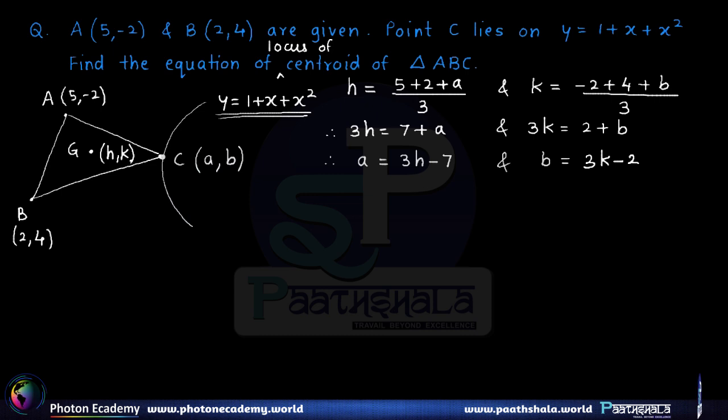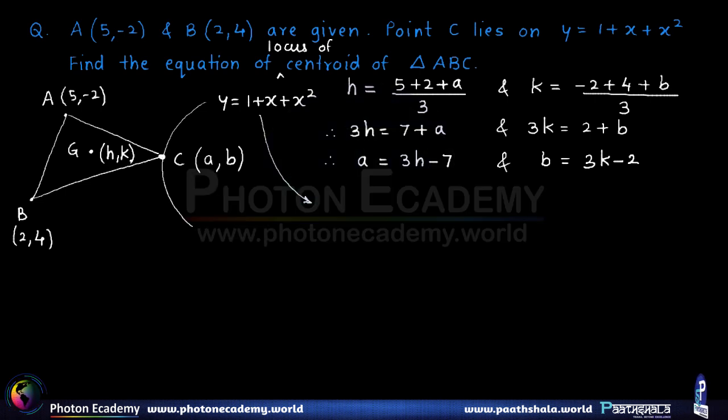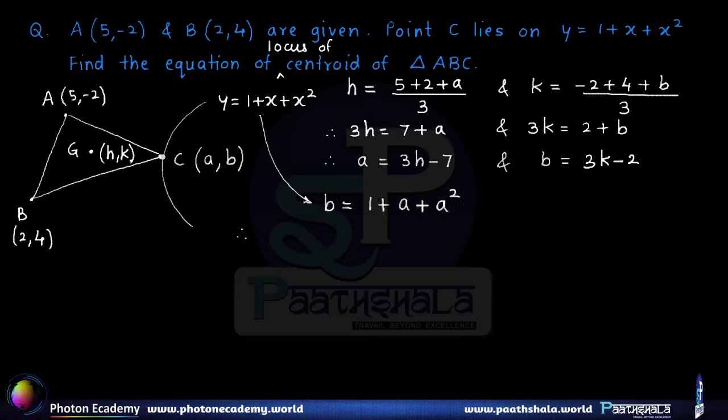So obviously, if we substitute the coordinates of C in the given equation, we can replace a and b in terms of h and k. So this equation gives us the y coordinate of C, which is b, equal to 1 plus, now here the x coordinate is a, so it is 1 + a². That's it. And lastly we replace a and b in terms of h and k.